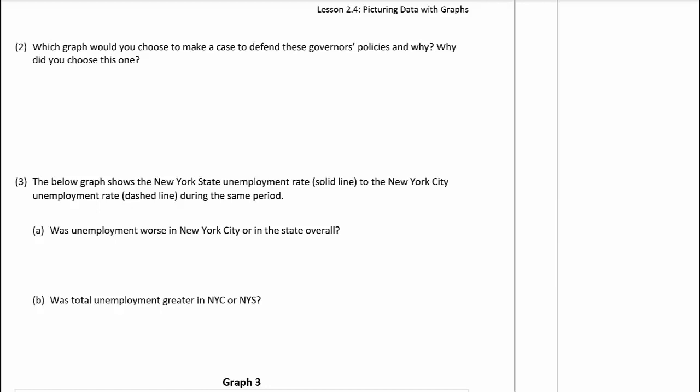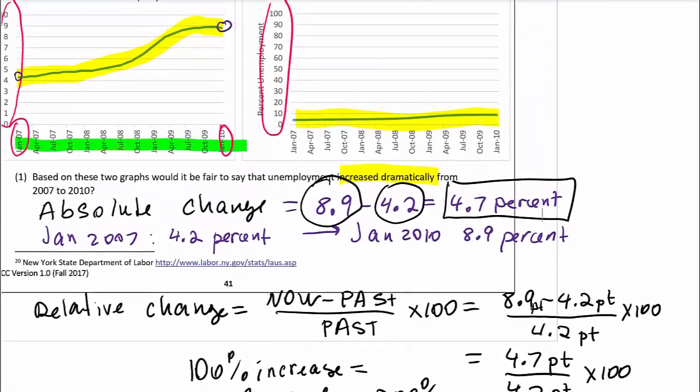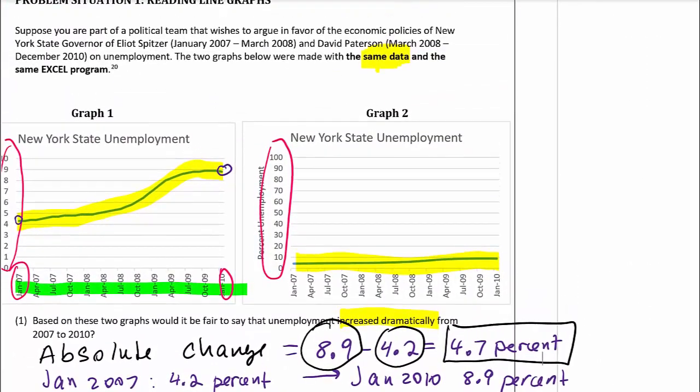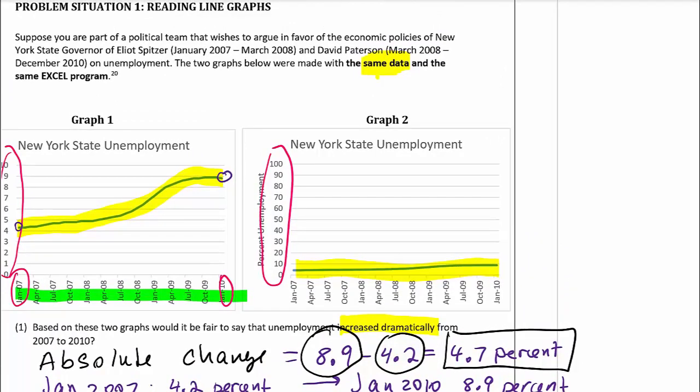Which graph would you choose to make a case to defend these government policies and why? All right, so what is the government policy? Spitzer was in 2007-2008, so he was up to here, and Pedersen was for the rest of the term, for the rest of the graph, right?